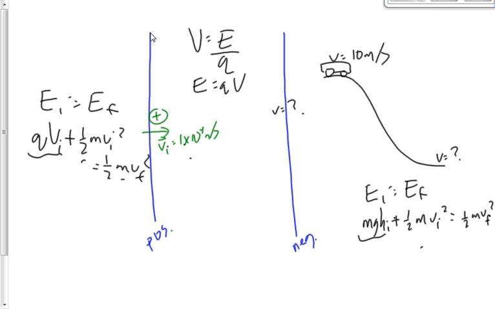I want you, every time you see a charged particle speeding up, to think a car is going down a hill. Okay? I say that every year now, for however long it is since I started using this analogy. And it works. But still, as much as I tell people, think of it as the car going down the hill, still people refuse to do that.